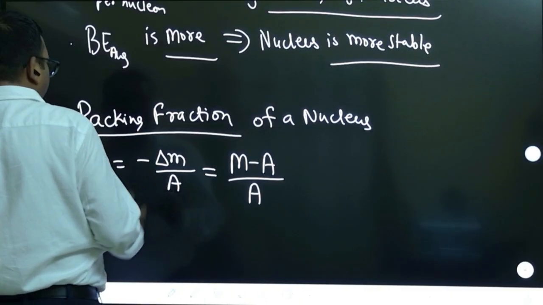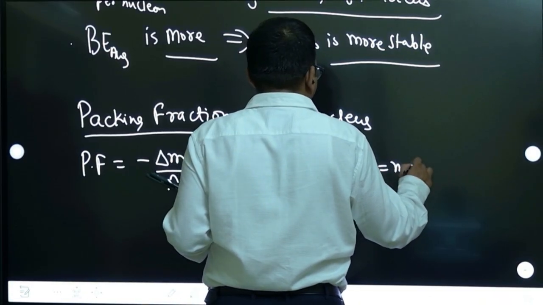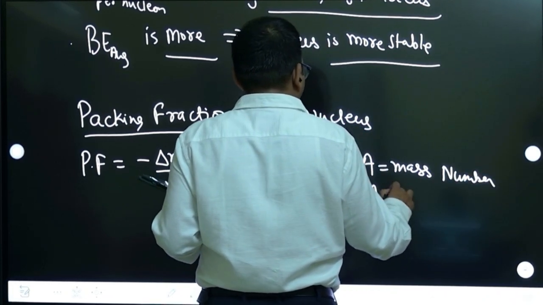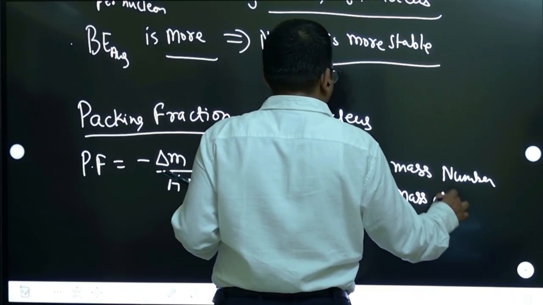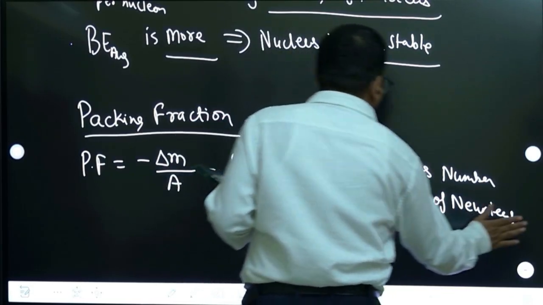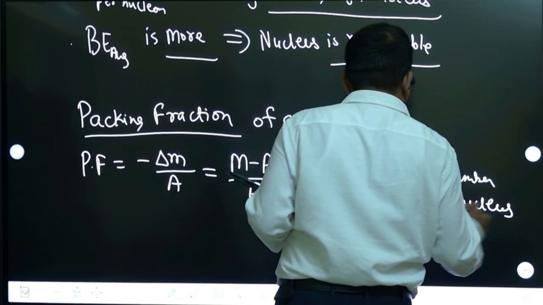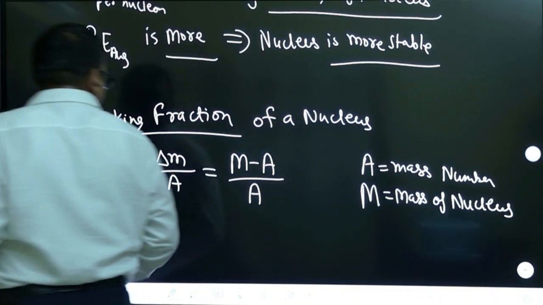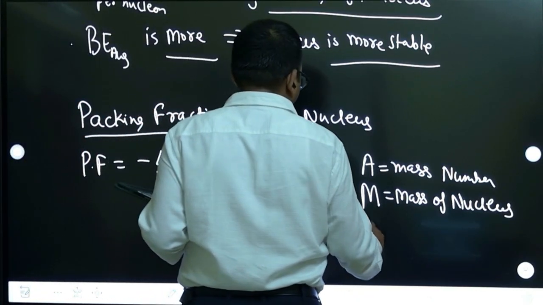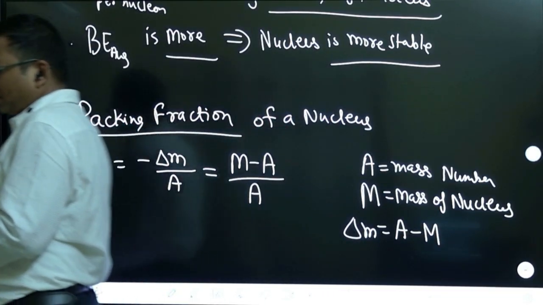M is the actual mass of the nucleus, and A is the mass number. A minus M is what is called mass defect, but here we use M minus A.